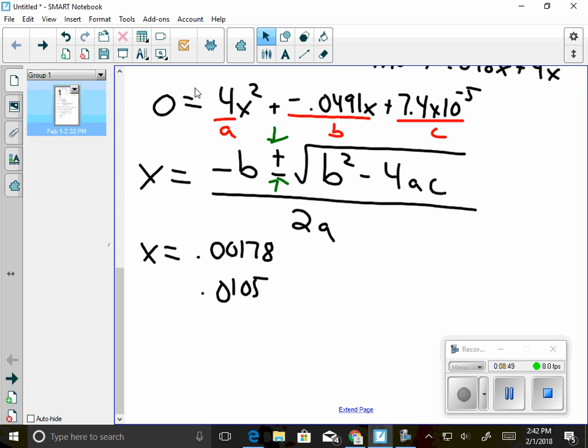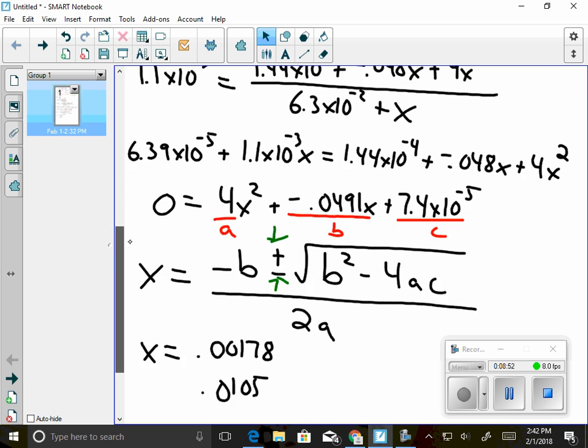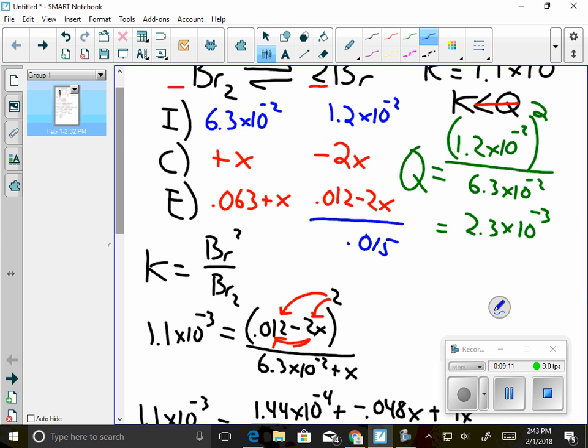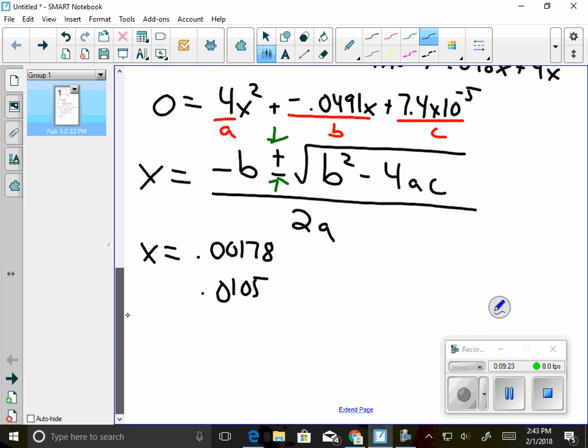And the reason that only one of these answers will work is if we go back up to the top here, if we have 0.0105 as one of our options, and we plug that in for x, this would give us a negative value at equilibrium. And there's no such thing as a negative concentration. So usually what happens when you use the quadratic formula is you're able to rule out one option.